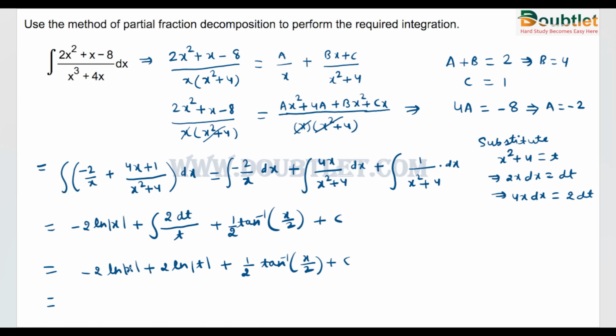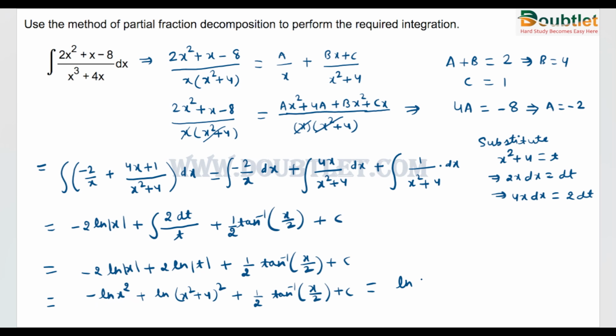The 2 will go inside, so this will become minus ln x square, where the mod is removed because a square is itself positive, and this will become ln of t square, which is x square plus 4 square, plus 1 by 2 tan inverse x by 2 plus c. By the property of logs, because there is a minus sign, it will be log a divided by b.